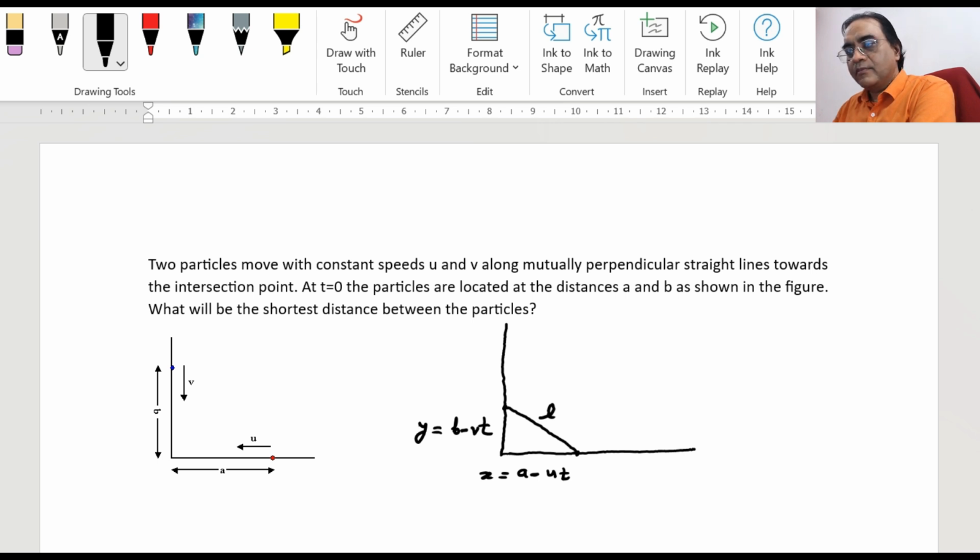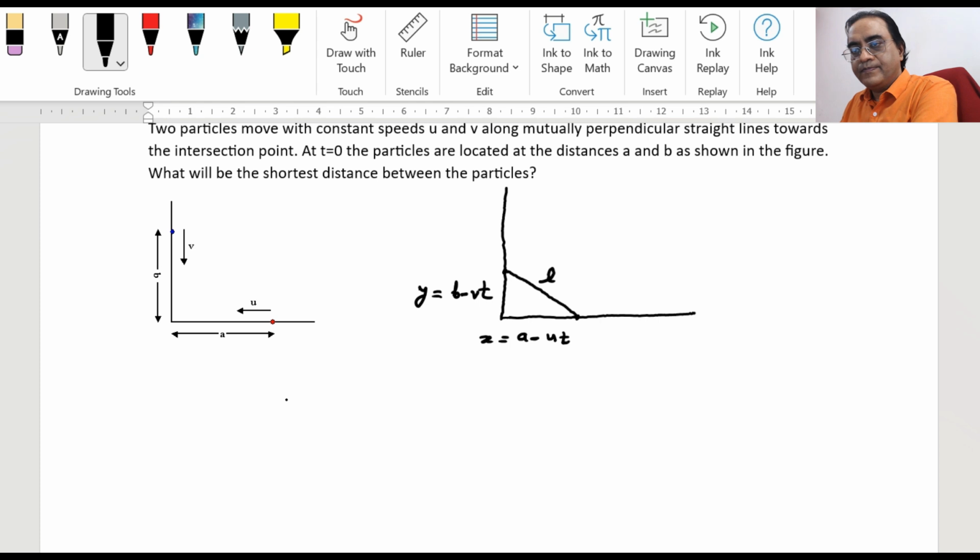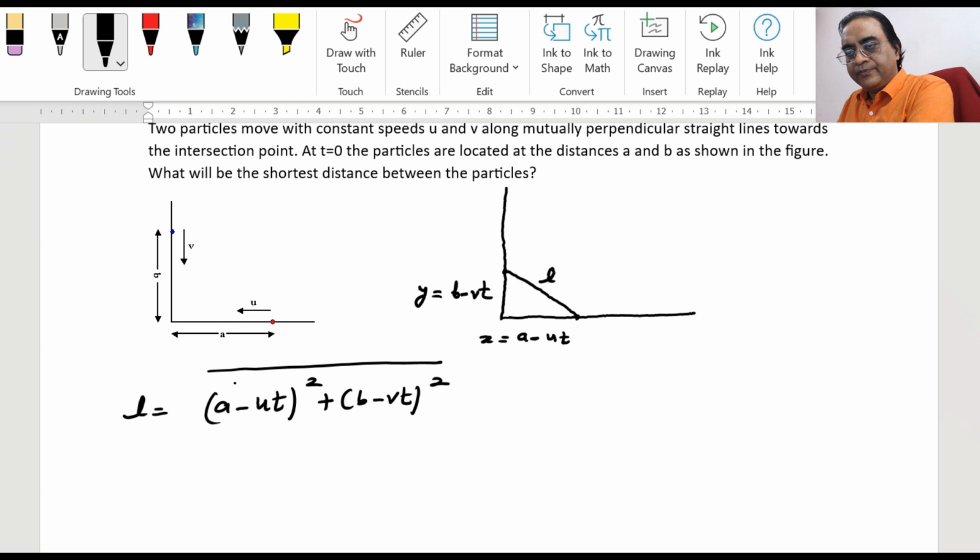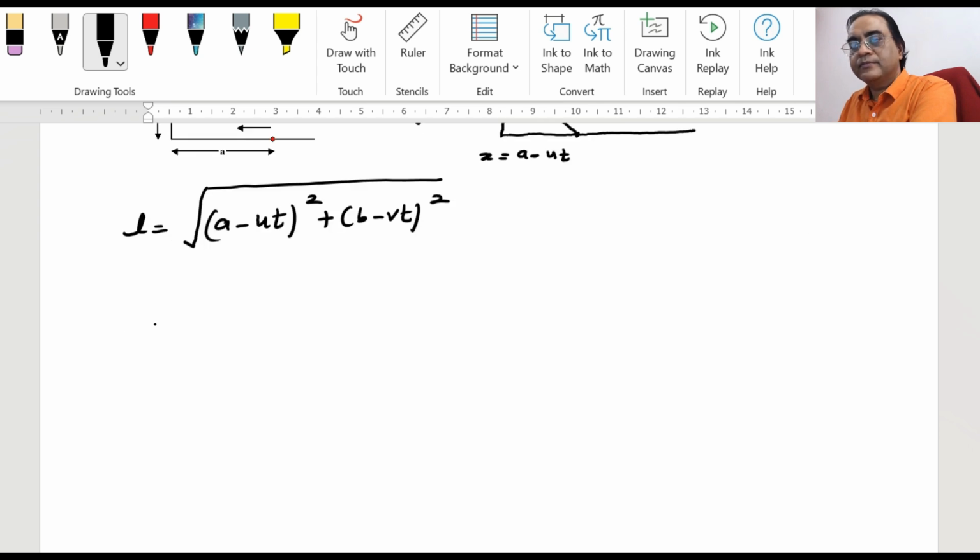So L is the root of (a minus ut) square plus (b minus vt) square. dL by dt must be 0 for either maximum or minimum.